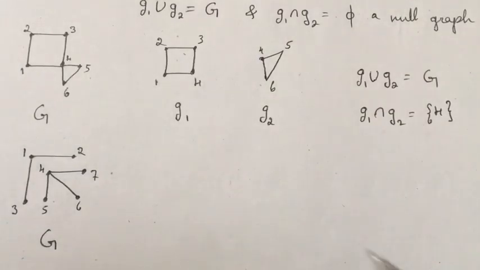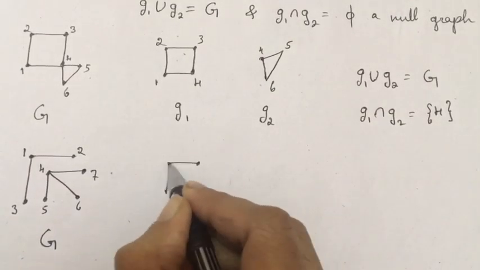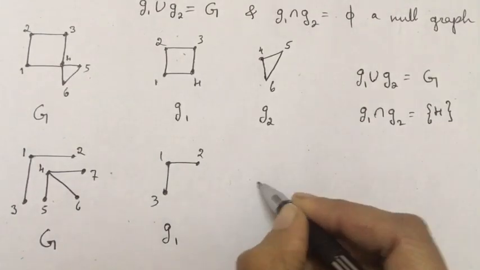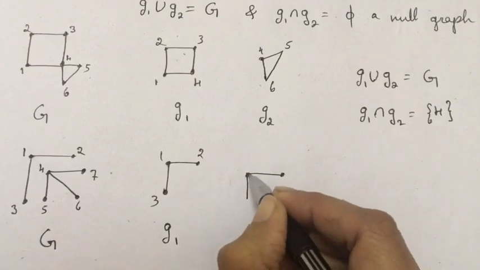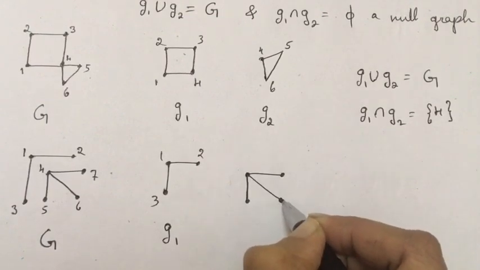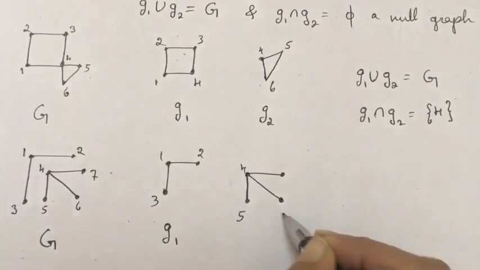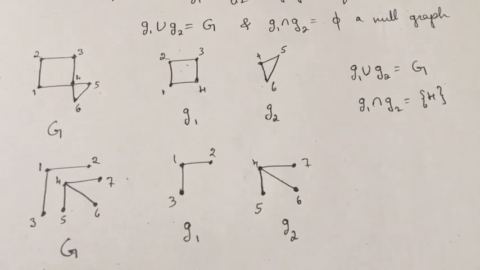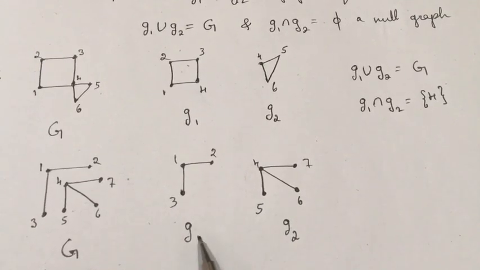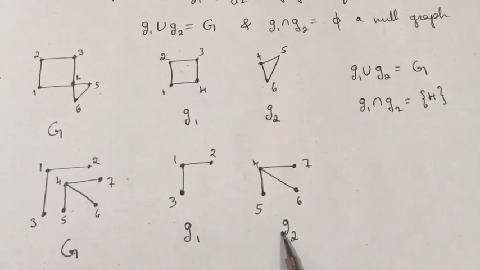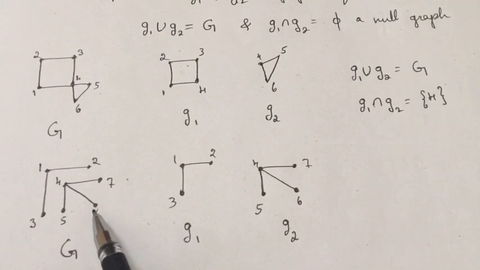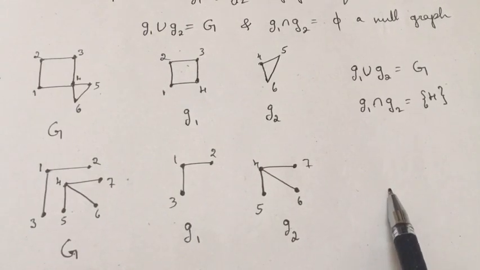This is my G, and I'll take this as one subgraph, 1, 2, 3, that is G1, and 4, 5, 6, 7 is G2. In this example, you can observe G1 union G2 gives me G and for G1 intersection G2, there is no vertex in common because it's a disconnected graph. Therefore, you are going to get an empty graph.